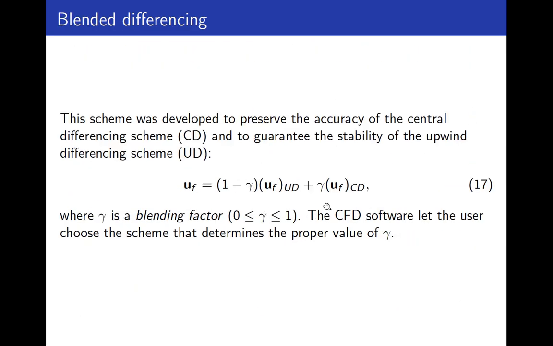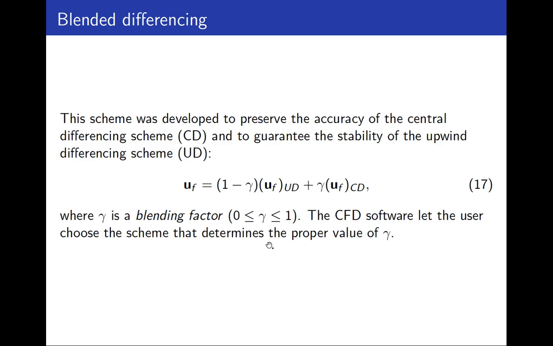But we have another parameter, which is gamma, which is called the blended factor. It is also bounded between 0 and 1. And obviously, if, for instance, gamma is equal to 0, we recover the Upwind difference scheme. But if gamma is equal to 1, we recover the central difference scheme.